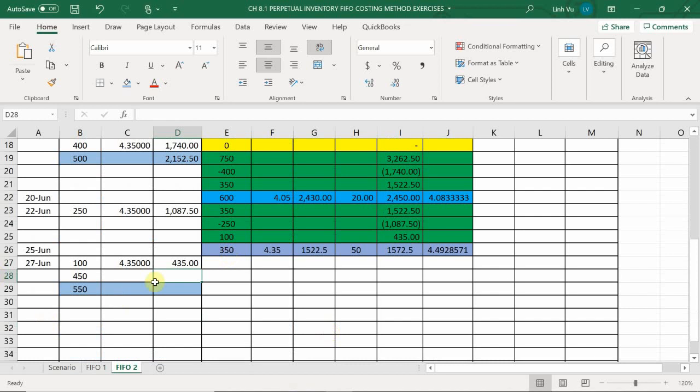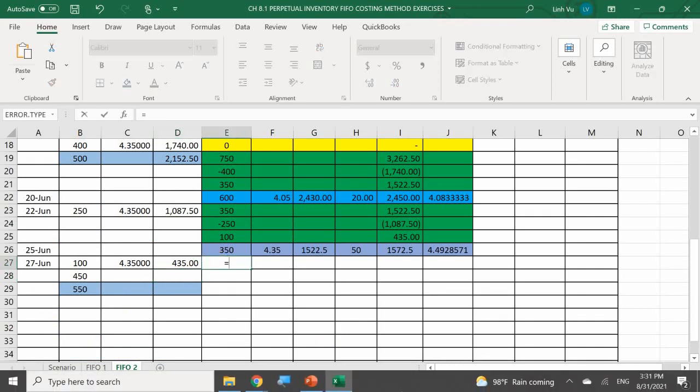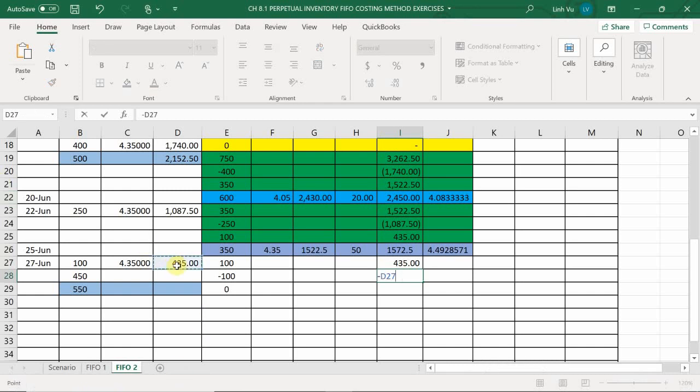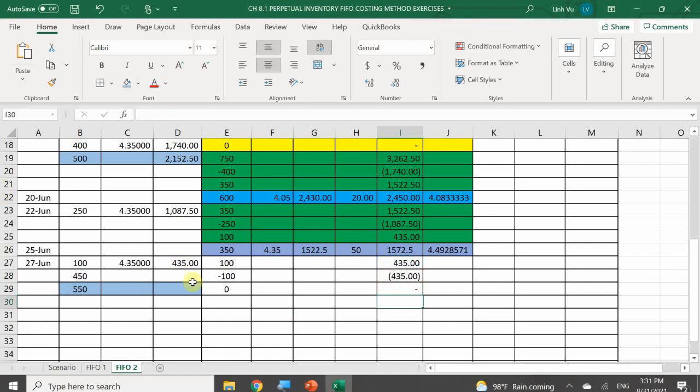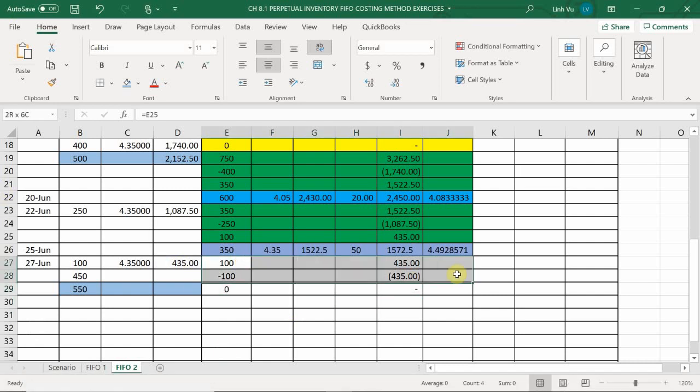So I'm going to quickly eliminate that, to bring that down to 0, right? 435 minus 435 should give you 0. And this was the green batch of inventory.